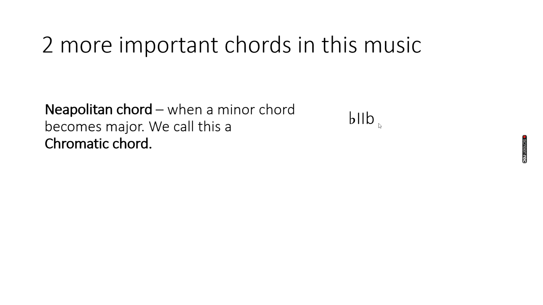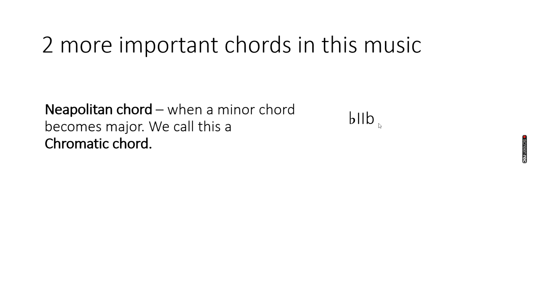Now a Neapolitan chord is a chromatic chord, so it's a chord that does not belong in the key signature, and in this case it's when a minor chord becomes a major chord, and we're dealing with B minor at this point. So chord 2 would be our C sharp chord, and what will happen with the Neapolitan chord is that C sharp chord becomes a C major chord.